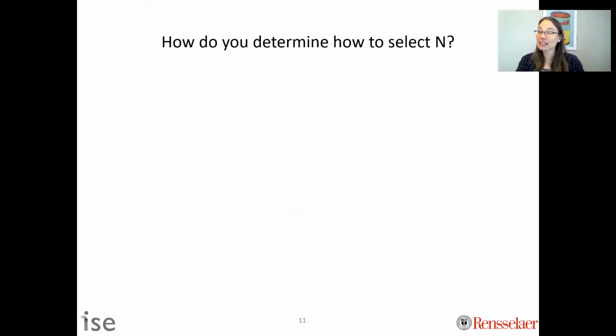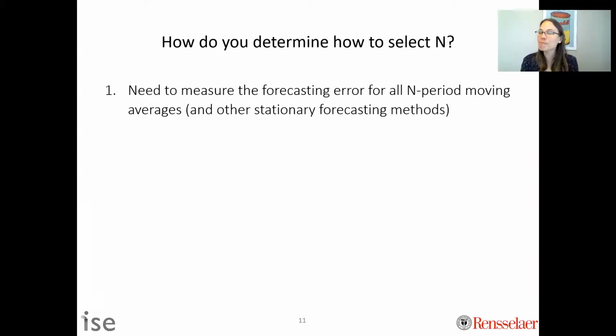This gets to the next step of our forecasting steps, which is creating the forecast for moving average. That would be selecting n. What we need to do is measure the forecasting error. In theory, we would measure it for any n-period moving average, as well as any other stationary forecasting methods.